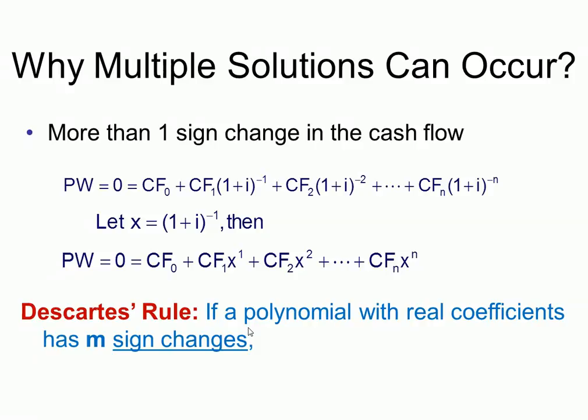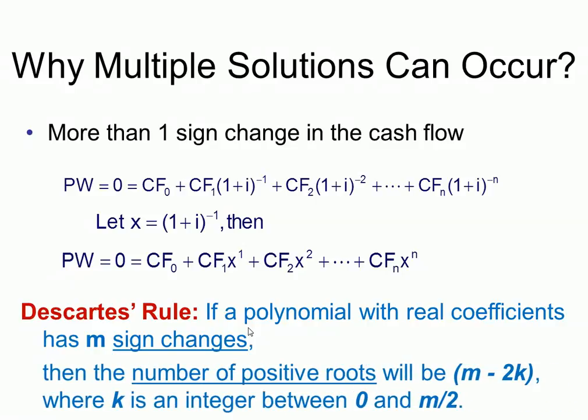That's based on Descartes' rule. If a polynomial with real coefficients has m sign changes, the number of positive roots will be m minus 2k, where k is an integer between 0 and m over 2.